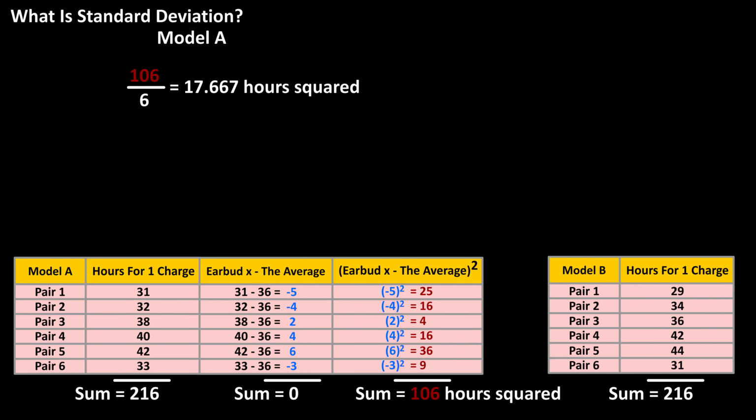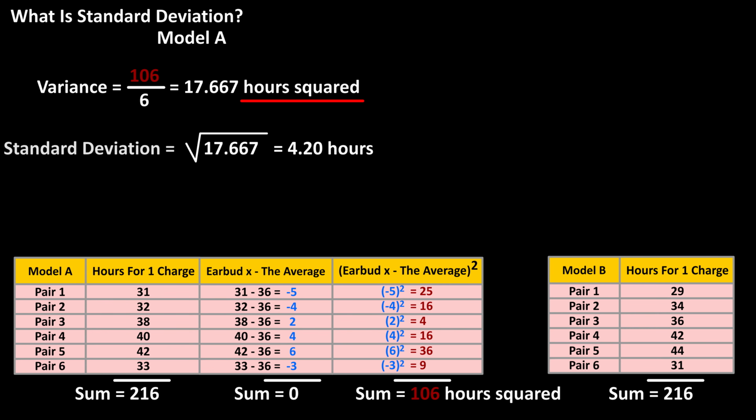And this value of 17.667 is called the variance. The problem with this value is that it is in hours squared. Well, we can remedy that by taking the square root of that value to get it to just regular hours. So the square root of 17.667 hours squared equals 4.20 hours, rounded off. And this value of 4.20 hours is the standard deviation.